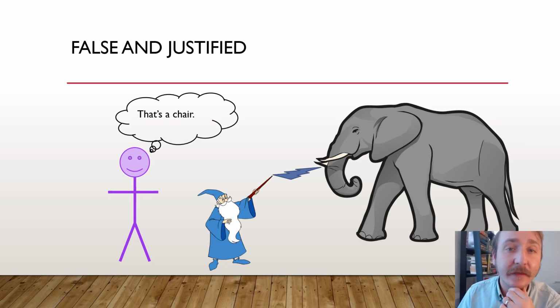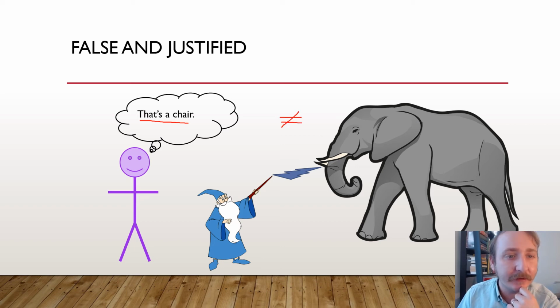It's a justified thought. But suppose that, unbeknownst to this guy, a wizard has cast a spell on this elephant, making it appear as though it's a chair, right? Well, notice that that means that this elephant that's actually out here in the real world walking around is not something that matches up with the content of this guy's statement, right?